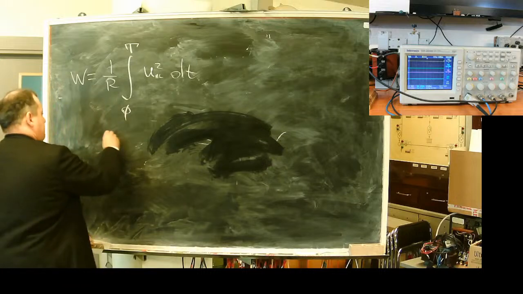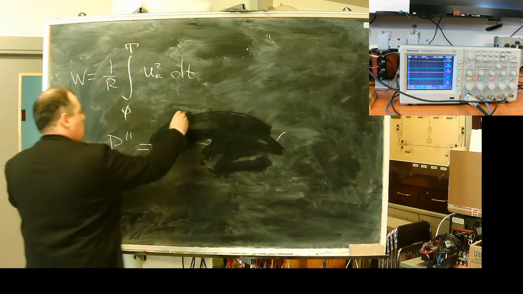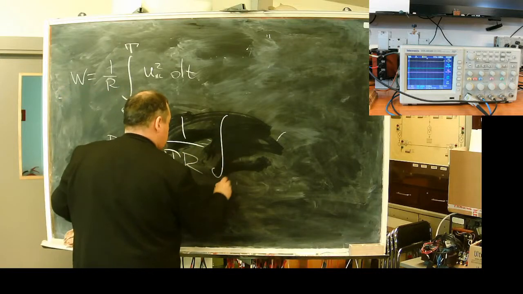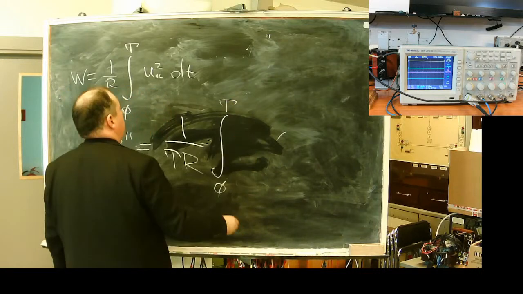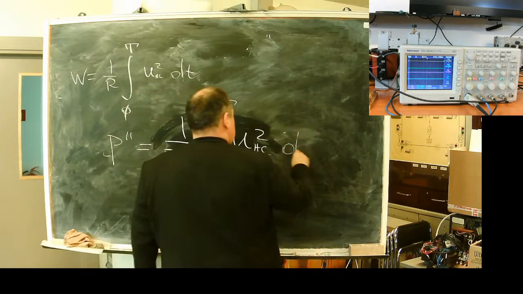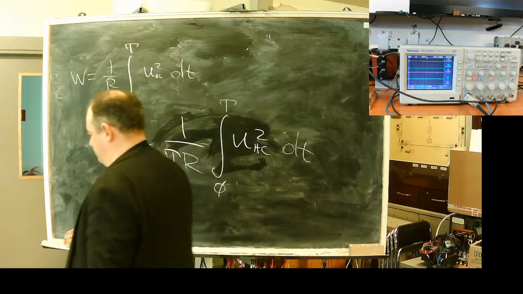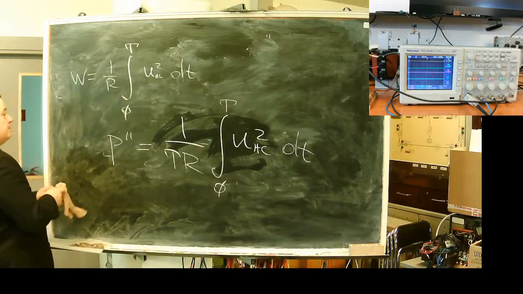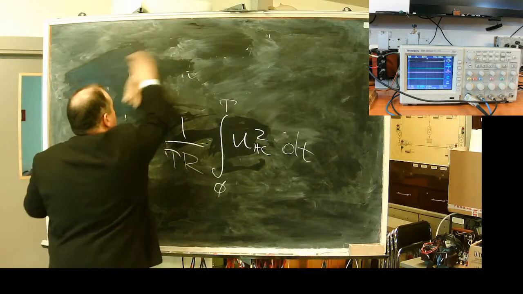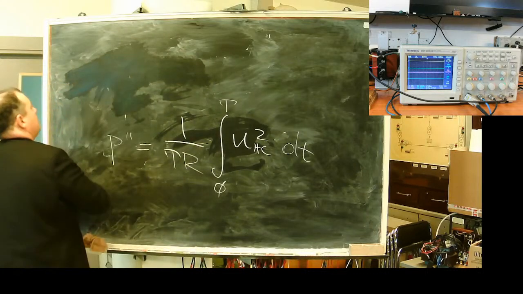So it can be written as 1 against R, the integral from 0 to T of AC squared. We started from equivalence.